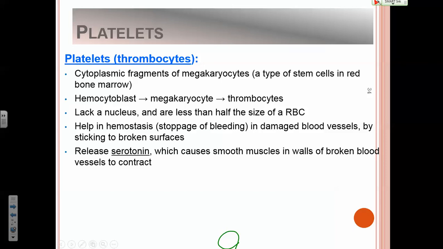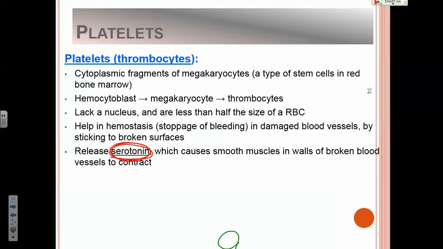Okay, and we're going to see their role next time as we look at some of the mechanisms that occur with blood. And one of those mechanisms is called hemostasis, and that helps prevent bleeding when you've got some damaged blood vessels. And platelets help with that. They release a chemical called serotonin, and serotonin triggers blood vessels to constrict.